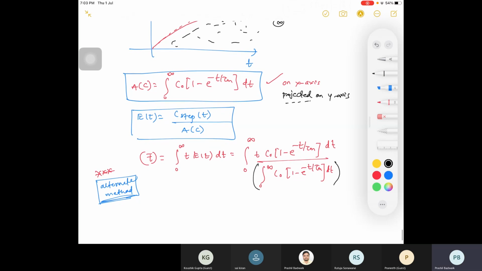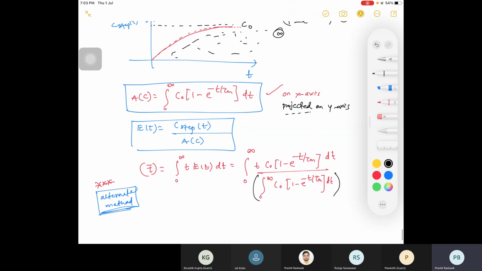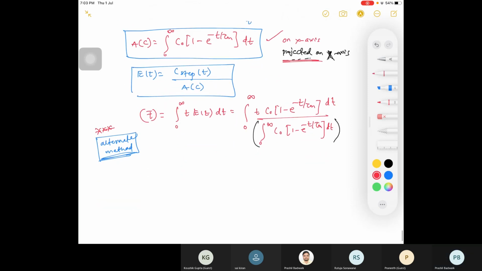Area projected along the x axis. What is your area projected along the y axis then? I am writing area along y axis as AY.